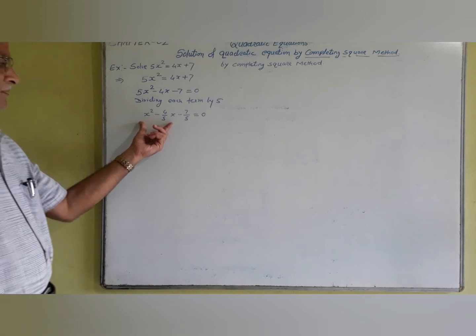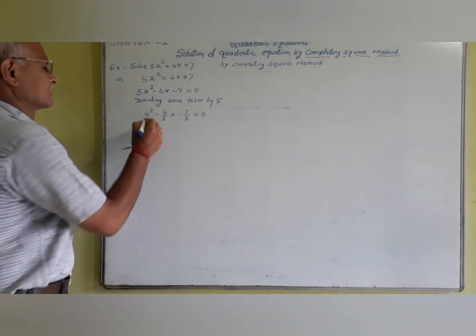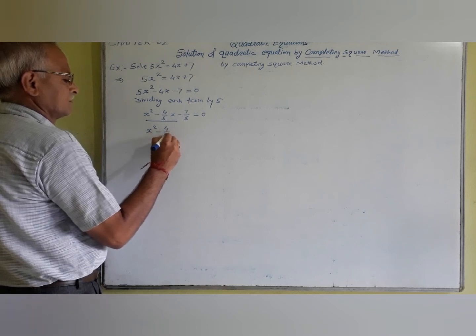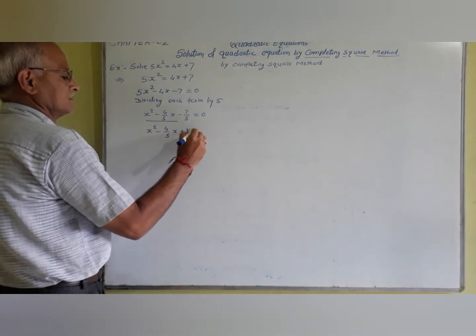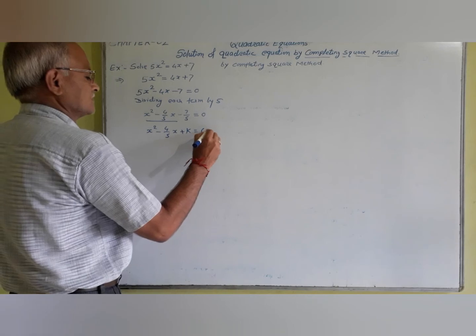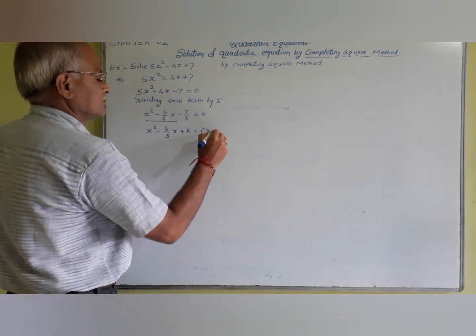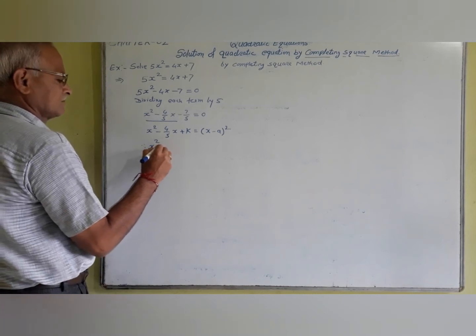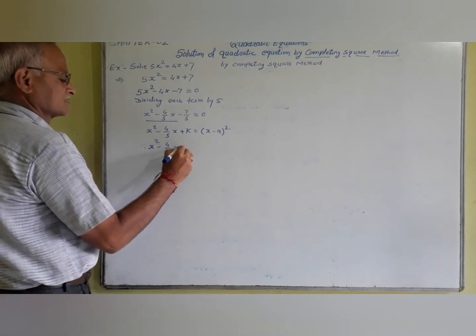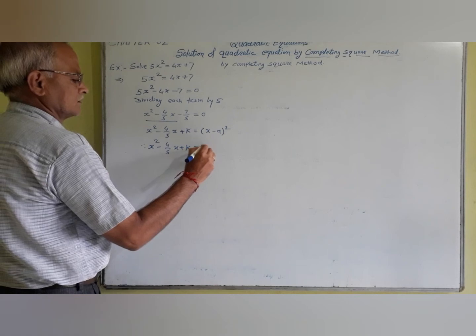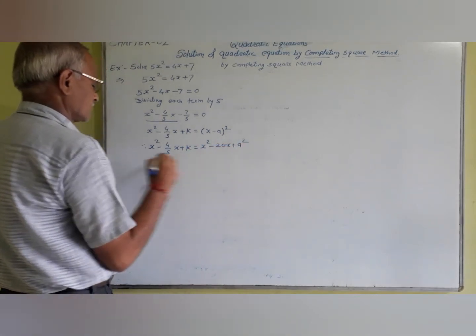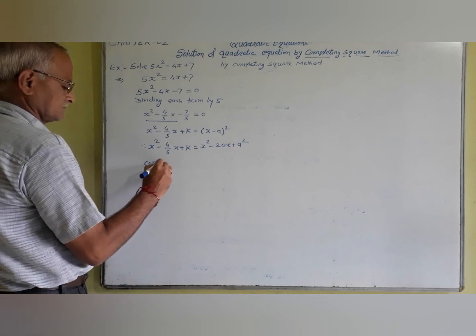To make the left hand side a perfect square, we consider these two terms. x square minus 4/5 x plus k is equal to, since the middle term is negative, minus a whole square. Therefore, x square minus 4/5 x plus k is equal to x square minus 2ax plus a square. Compare the terms.